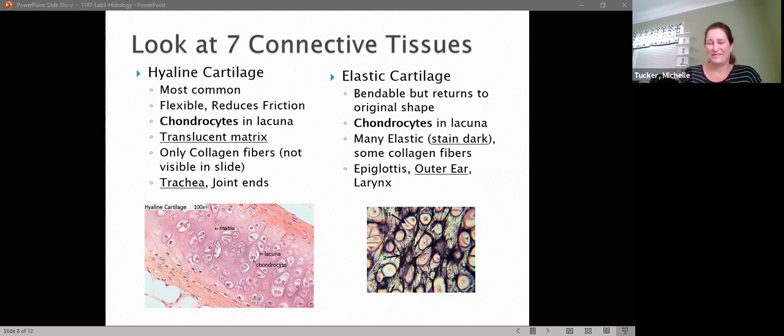They tend to wrap almost in a figure 8 around their chondrocyte or a couple of chondrocytes, and they're found in the outer ear. It's because this is elastic here. And so they form these elastic structures with large chondrocytes and these dark, heavy elastic bands around them.